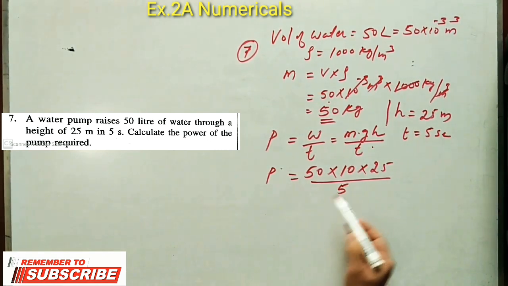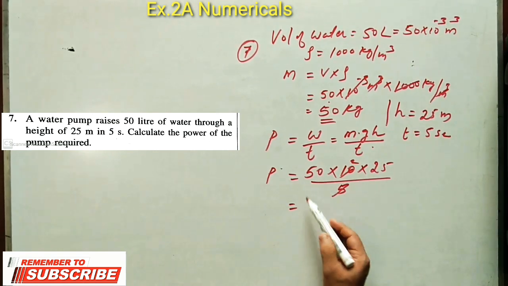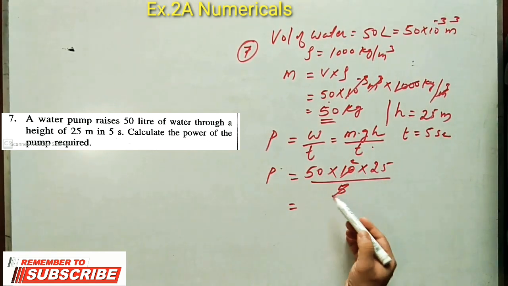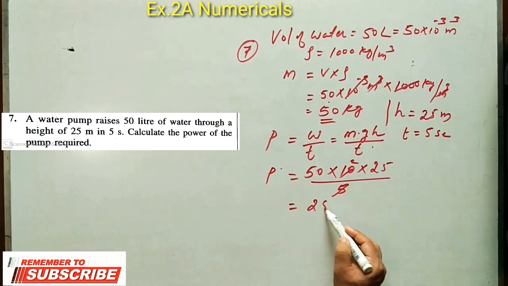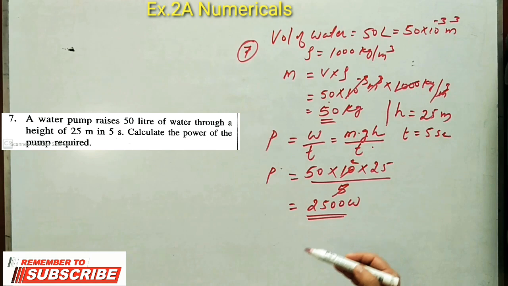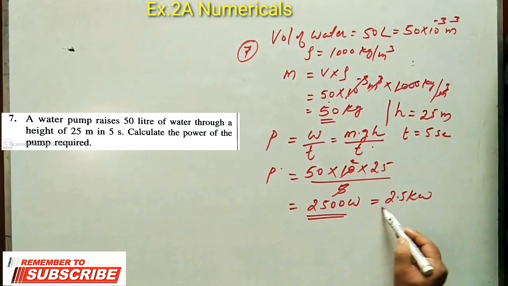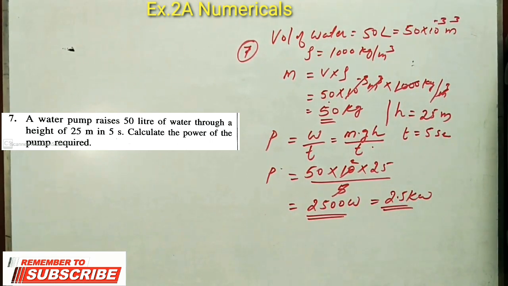So solve it and we are getting 50 into 2, 100, 100 times 25, 2500 watt. Clear? So this is the power of the pump required, which is equal to 2.5 kilowatt, dividing it by 1000.